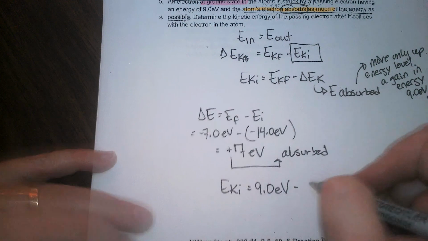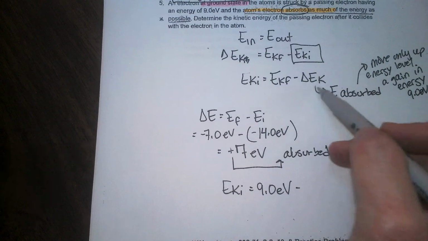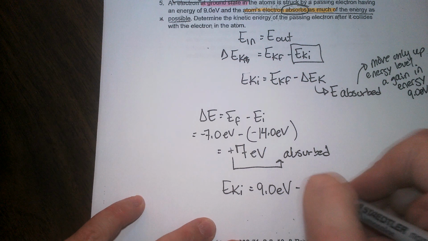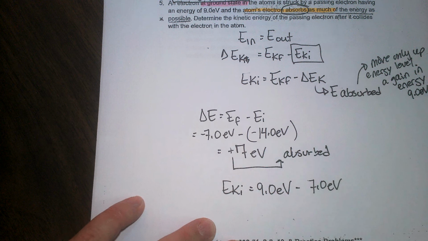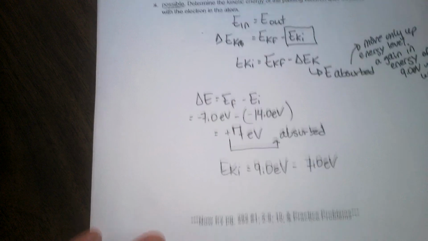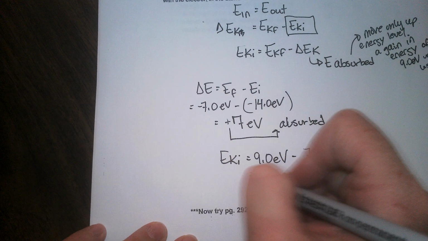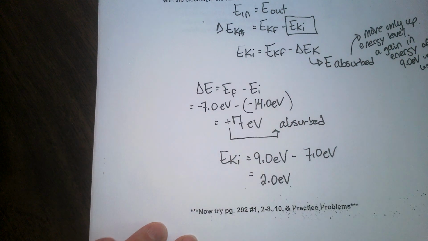The initial electron, or the absorbed energy here, is what we calculated, 7 electron volts. So it started out with 2 electron volts.